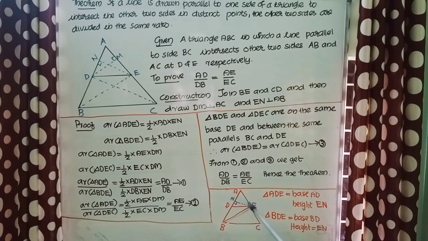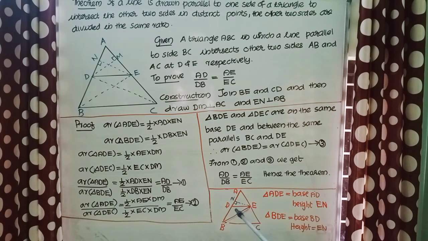So EN is the height for this triangle ADE. And we know the formula to find out area of triangle, it is half into base into height. Therefore, area of triangle ADE equal to half into AD into EN.